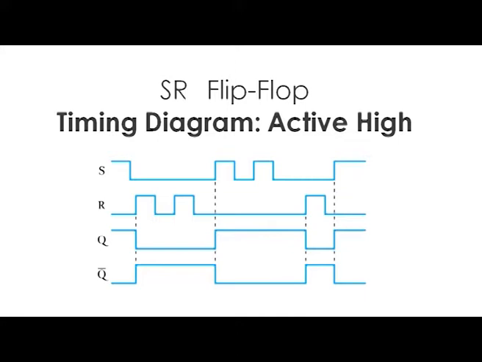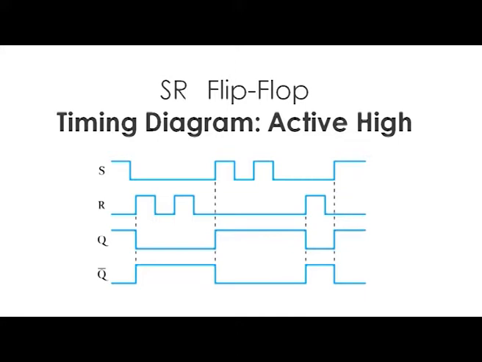Now, when the reset goes high, Q comes low and remains in that state. Automatically, when Q comes down, Q complement goes high, and there are changes in the reset input. At some time it goes high and comes down, goes low, which will not affect the status of Q and Q complement.